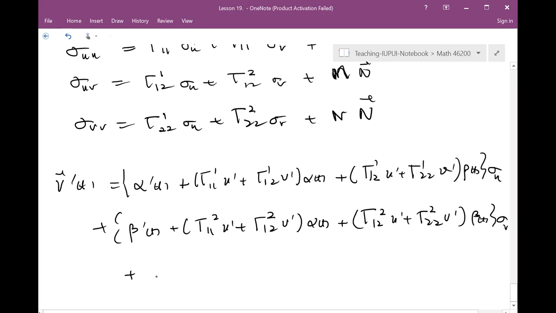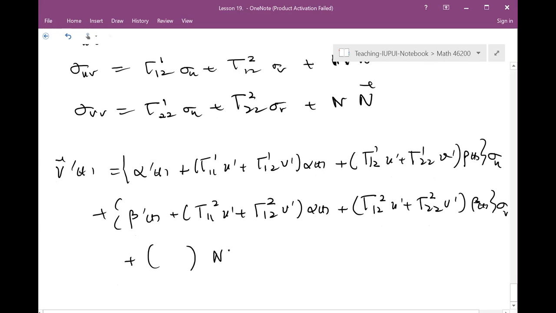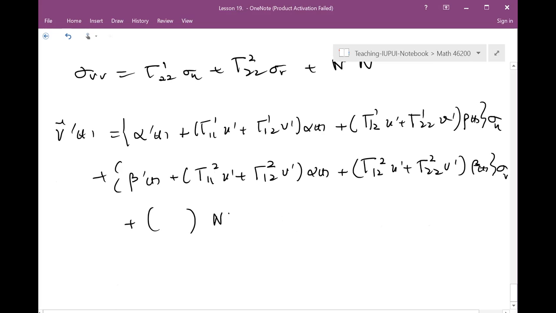And there's a part we don't need to worry about, because we only consider this tangent part. So this is a tangent part.